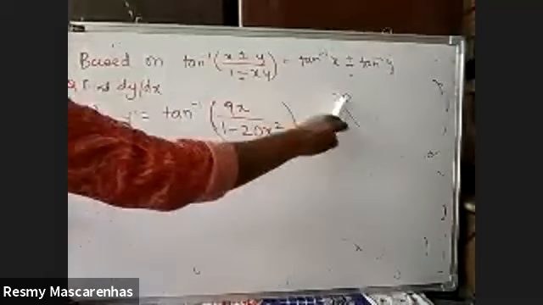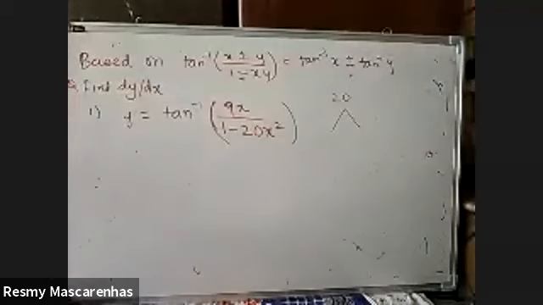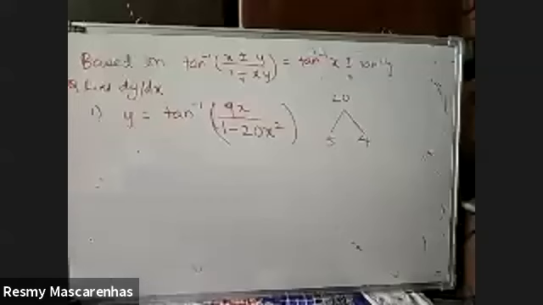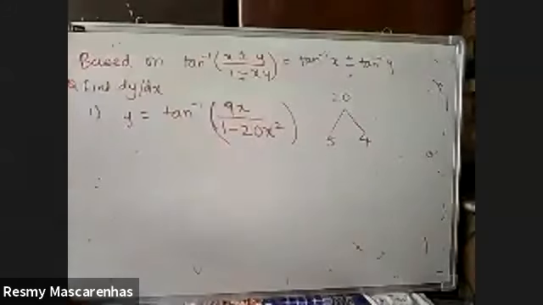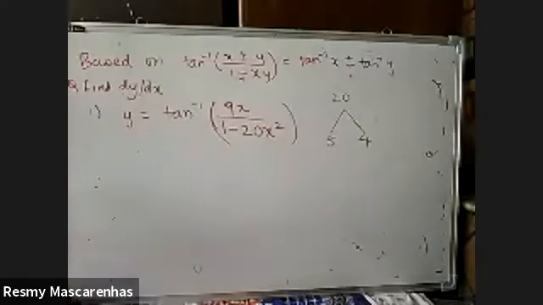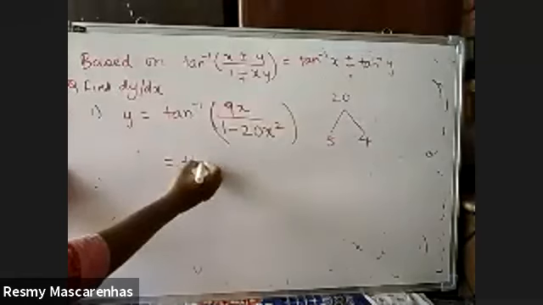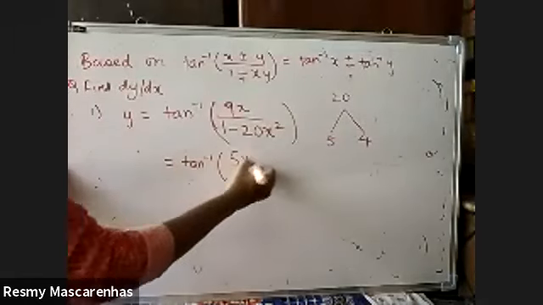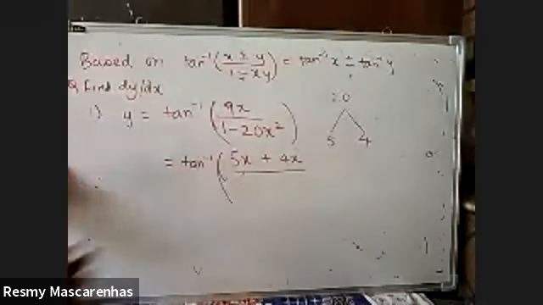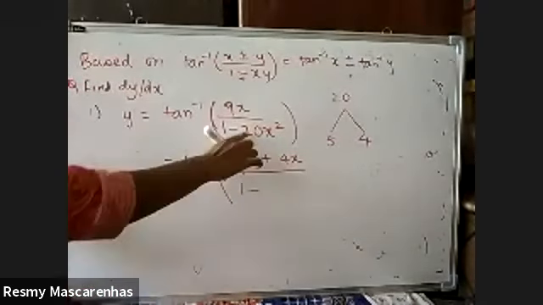So this 20, split it in such a way, same like factorization, that the two numbers multiply to give you 20 and their combination should give you 9. So first example, it will be 4 and 5, or 5 and 4. 5 fours are 20 and it is plus and plus only. So both will be plus. So now split this as tan inverse of 5x plus 4x upon 1 minus 20x square.